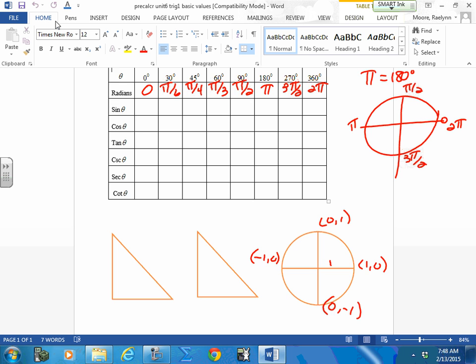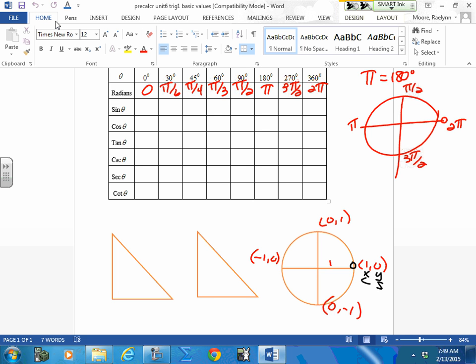Now, the easiest way, and this is the way I've been doing it since I was before your age, this is the x, y. It's in alphabetical order, and so is cosine, sine, c then s, alphabetical order. So therefore, at 0 degrees, or 0 radians, whichever, the cosine is 1.